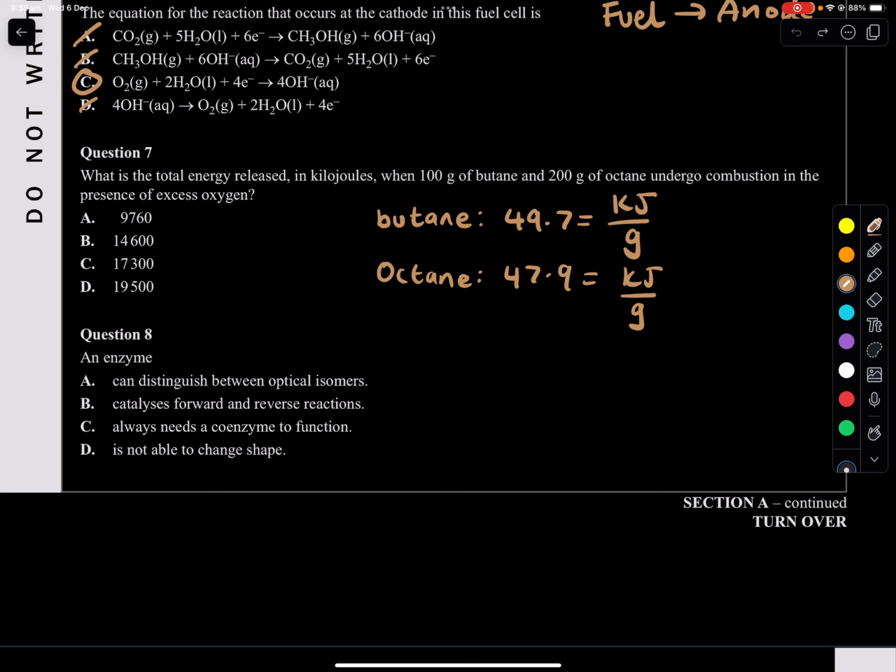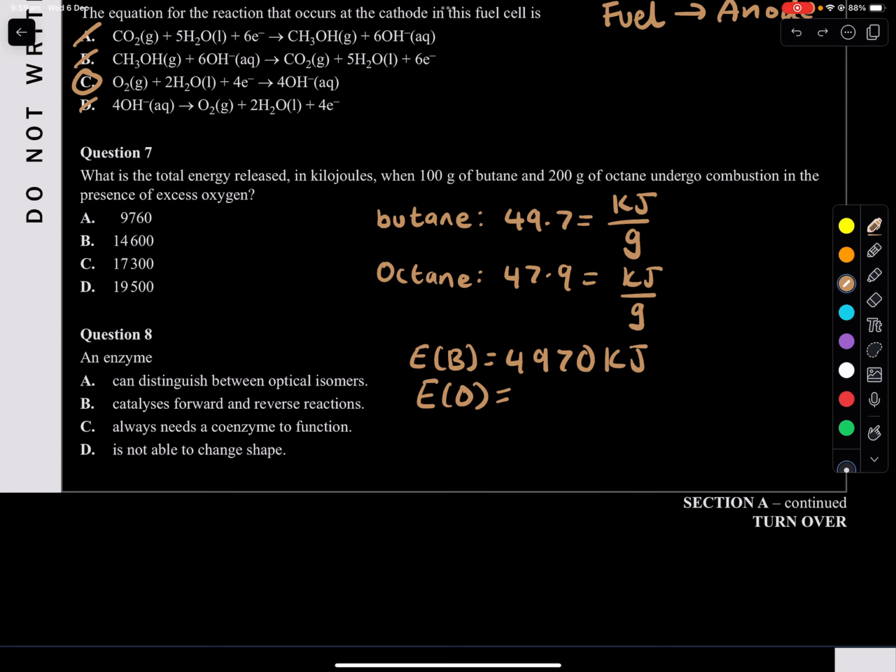So in other words, what we're saying is, what is the energy. So for energy of butane, I'm going to write B. Energy of butane is just going to be 49.7 times the 100 grams, which gives us 4970. Because it's kilojoules, we have to write kilojoules. And what about the energy of octane? So O. Again, it's the grams, which we have 200 times 47.9.